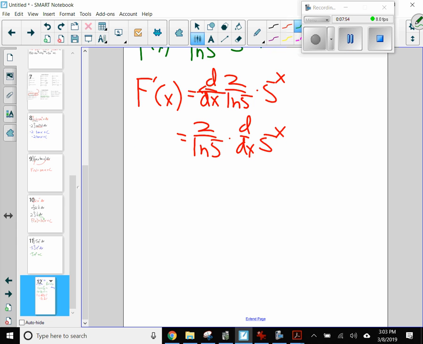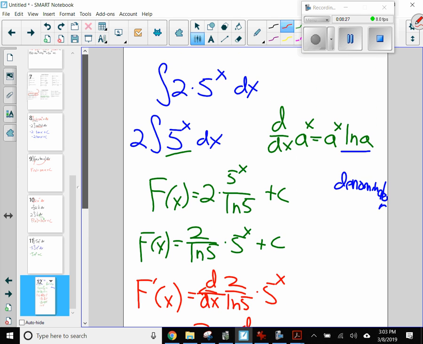Well, that gives me 2 over ln 5, and the derivative of 5 to the x is 5 to the x ln 5. Let's look at that over 1, and now you can see these ln 5s are going to cancel out, and my answer is going to be 2 times 5 to the x, which was exactly the function that we were looking for up here.